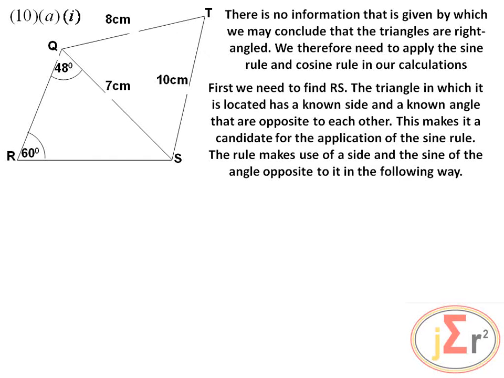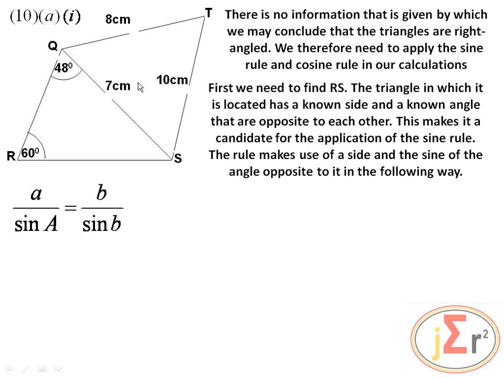The rule makes use of a side and the sine of the angle opposite to that side in the following way. So we have a over sine A and b over sine B. That is a statement of the sine rule, and it may be used in solving this problem because we have one known side and the angle opposite to it.